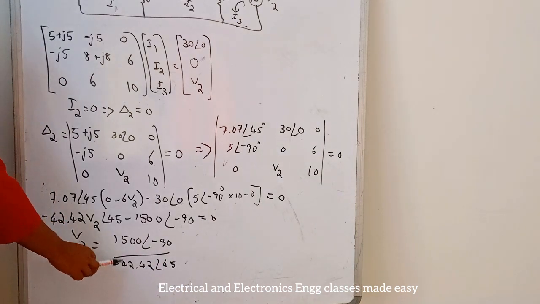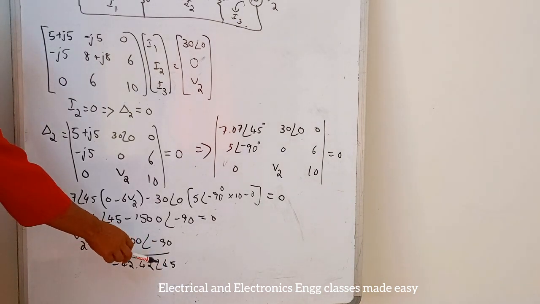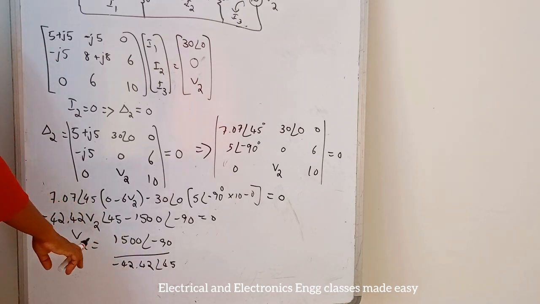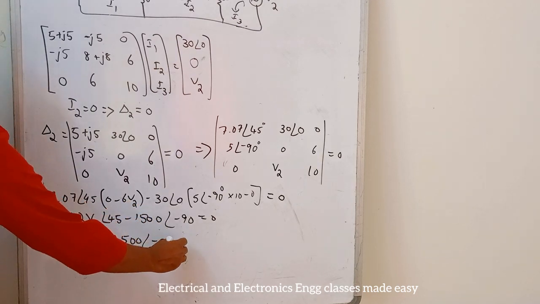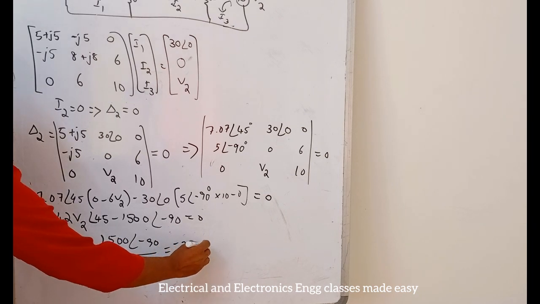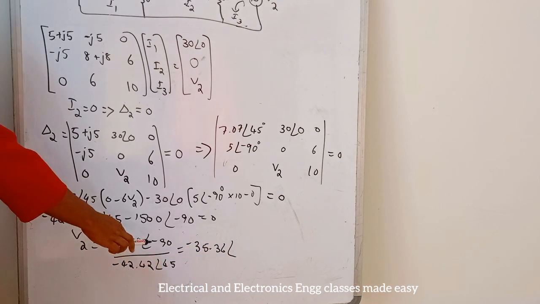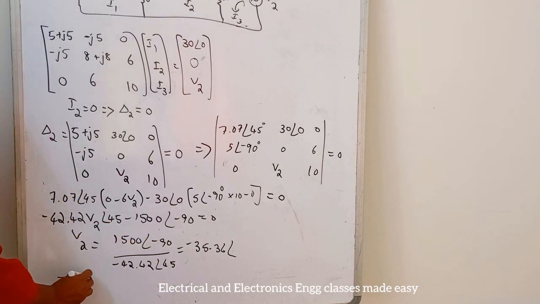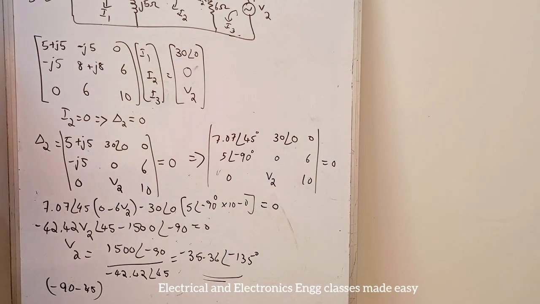Here the magnitudes we have to divide and the angles we have to subtract. So 1500 divided by 42.42 is minus 35.36. Then the angle is minus 90 minus 45, that is equal to minus 135. So V2 is obtained as minus 35.36 angle minus 135 degree.